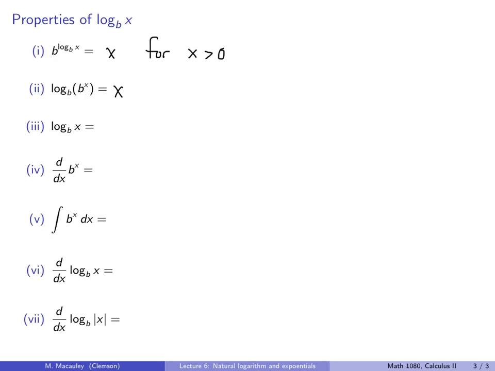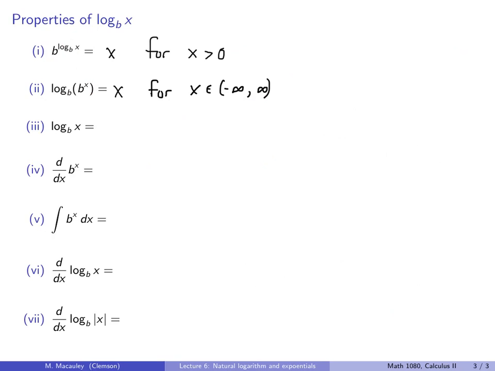So this holds for x in negative infinity to infinity, all real values of x. I didn't really talk about b to the x where x is negative, but that's not hard to do. You just take the reciprocal once you have it for x positive.